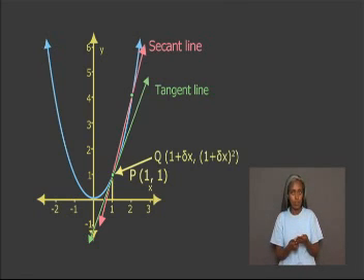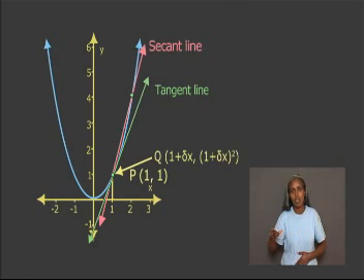Therefore, the slope of the tangent line at (1, 1) is the limit of 2 plus delta x as delta x approaches 0, which equals 2.